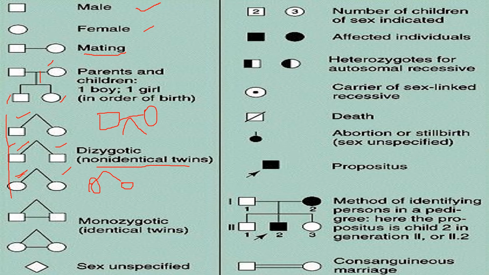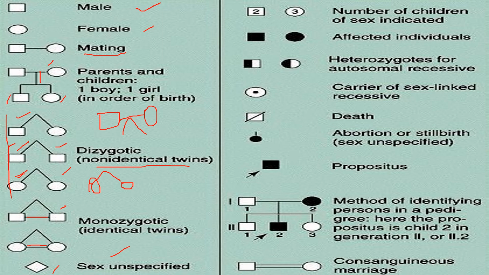And if the symbol is like this, with a join here, they are twins. If an additional line is there, they are identical twins. We call them identical twins or monozygotic twins. If the symbol is like this, then the sex is unspecified. If there is a number, say 2 in the square, then there are two boy children.